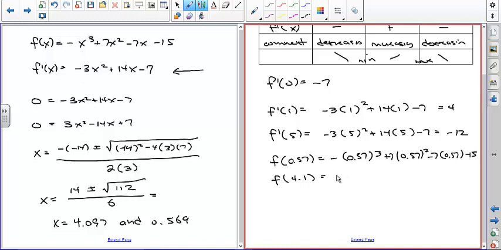And do that also for the second value of x, the second critical number. So you'll have negative 4.1 cubed plus 7 times 4.1 squared minus 7 times 4.1 minus 15.